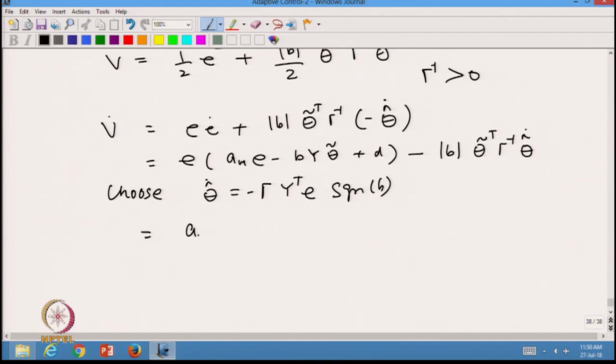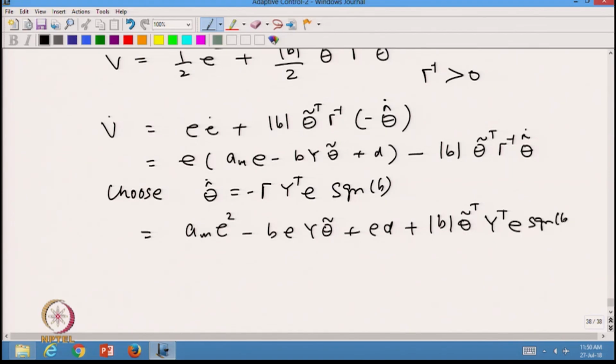then what we get is minus B E y tilde C D minus, and signum of B and mod of B combine to give B, and then we can take the transpose of this term because it's a scalar, and then this cancels with this, and you're left with A m E square plus E d.